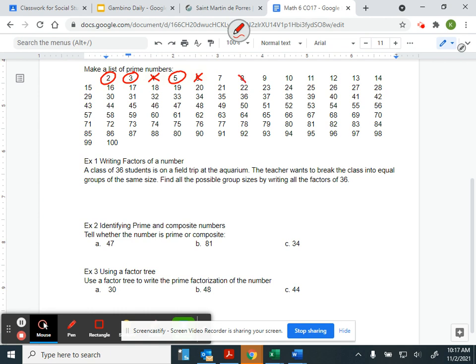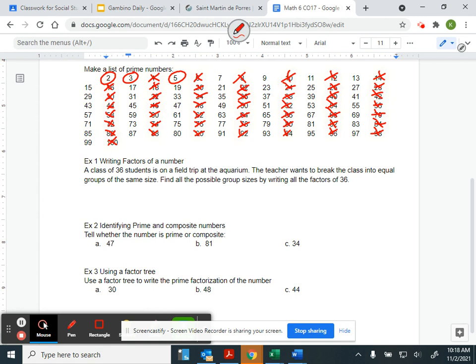So we're just going to go through and we're going to cross off all of our even numbers, because we know they cannot be prime. So now that makes it a lot easier. We're just going to work with our odd numbers.